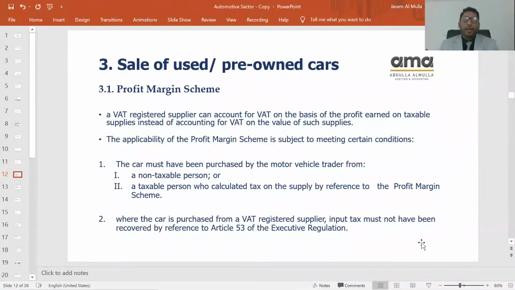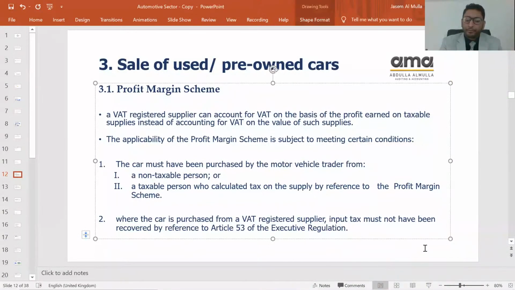The second one: the input tax must not have been claimed at the time of purchase. If you already claimed the input tax on the car, you cannot charge VAT under the profit margin scheme for that specific car.